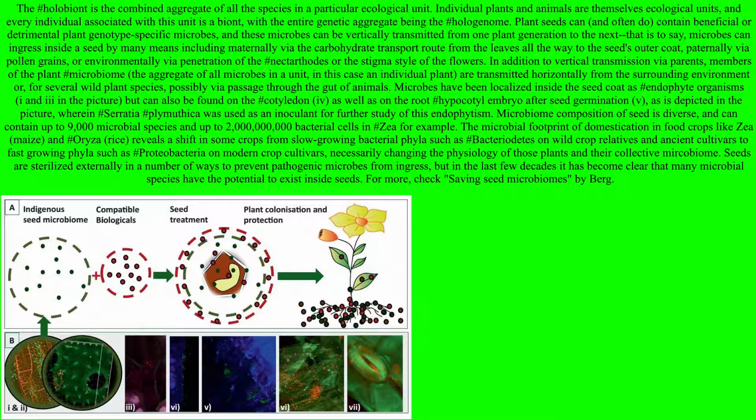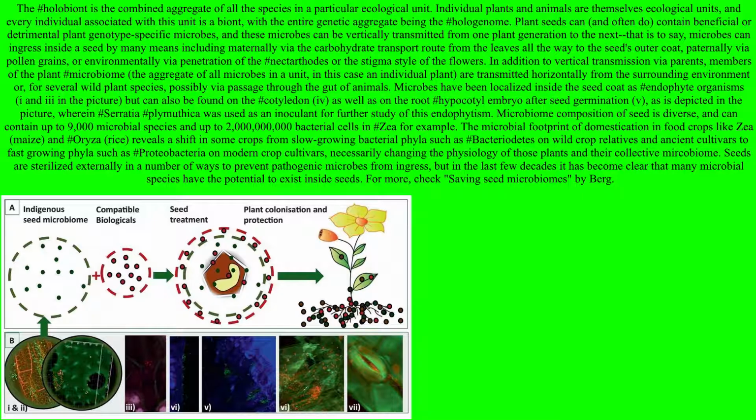That is to say, microbes can ingress inside a seed by many means, including maternally via the carbohydrate transport route from the leaves all the way to the seed's outer coat, paternally via pollen grains, or environmentally via penetration of the nectarthodes, or the stigma style of the flowers.